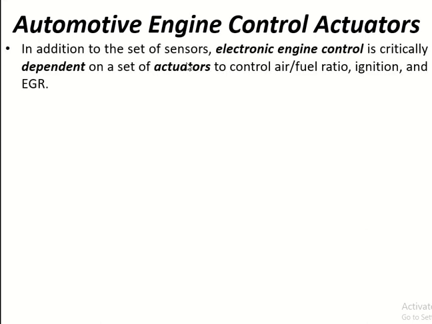Now we'll discuss automotive engine control actuators. In addition to the set of sensors, electronic engine control is critically dependent on a set of actuators. These actuators allow control of the air-fuel ratio, ignition, and exhaust gas reduction.